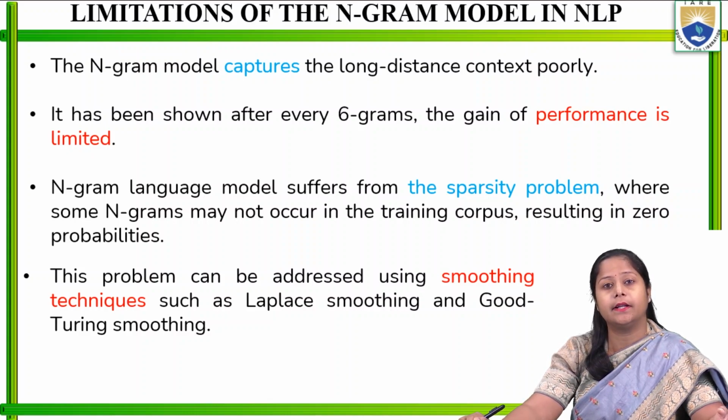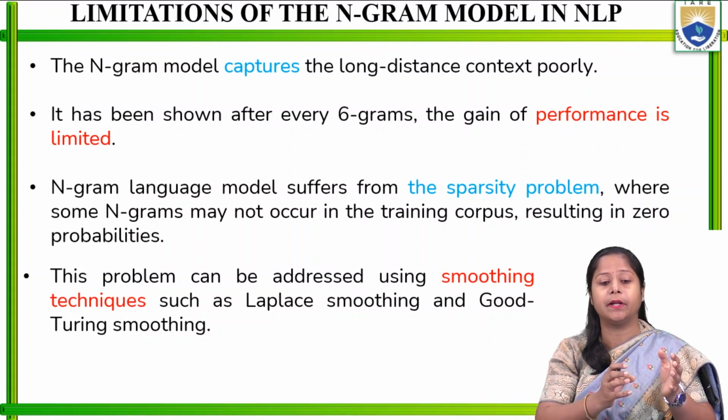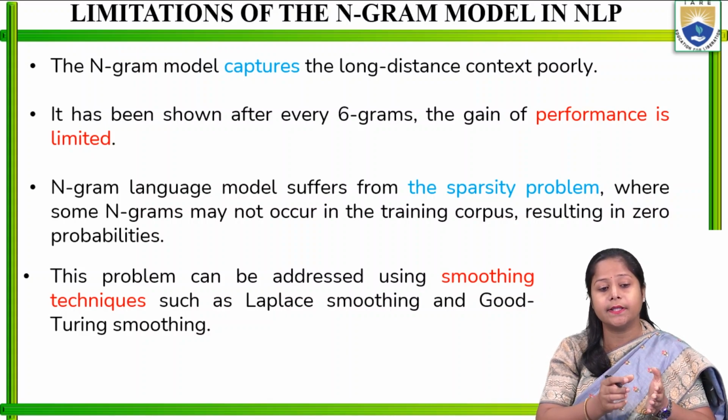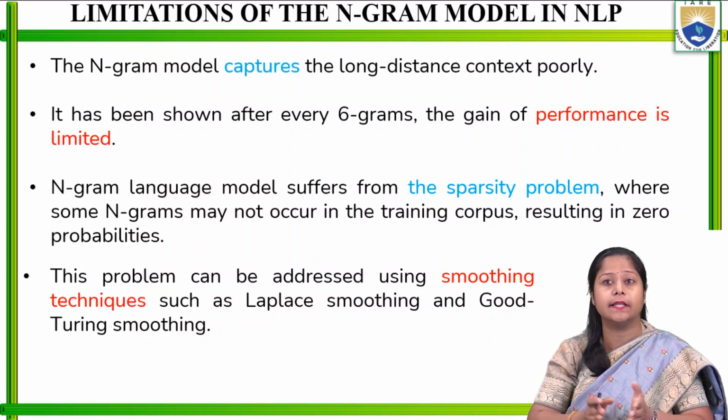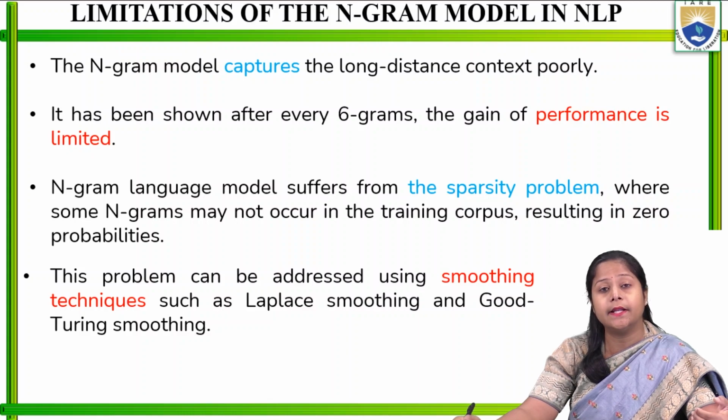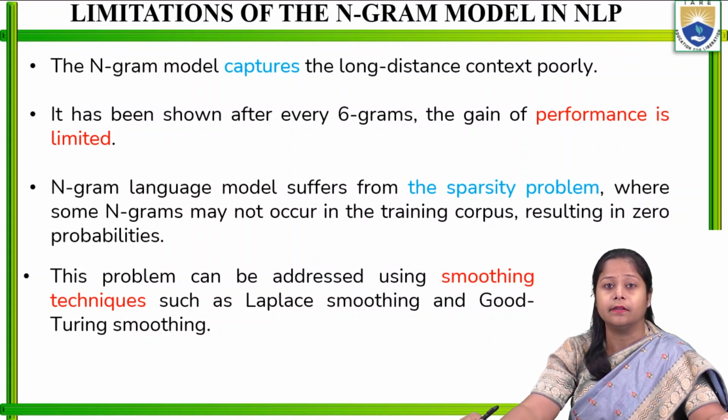Whenever a particular word is going to be identified and it is at a large distance from the other words in the context, sometimes it is not possible to give the right words together.